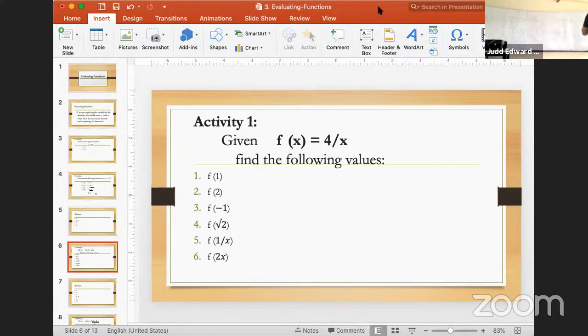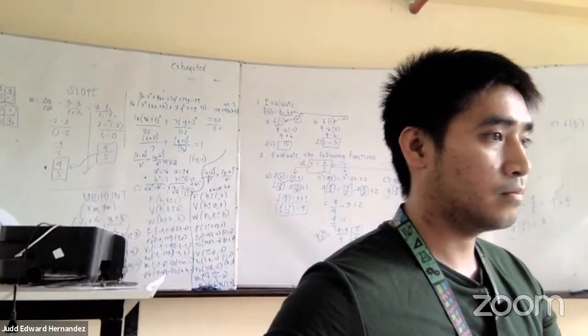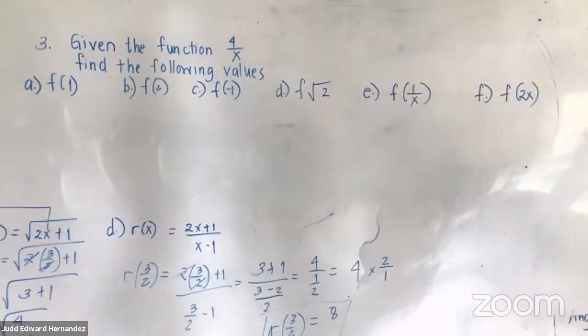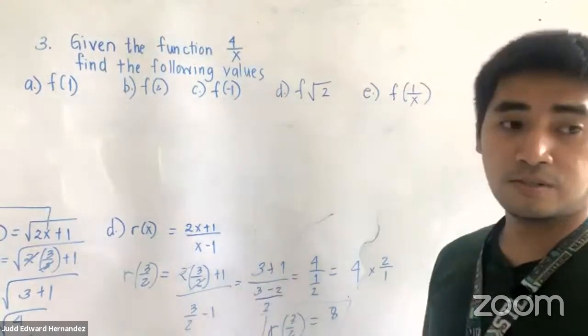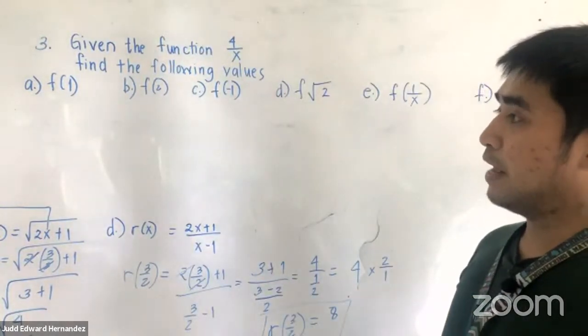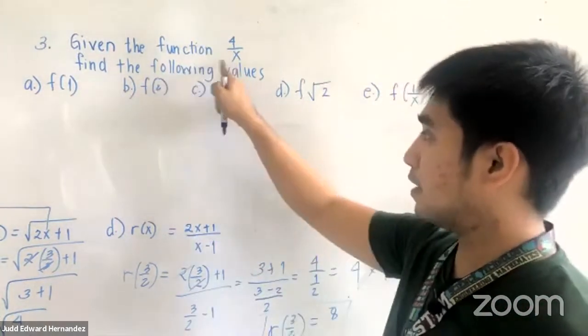Okay, so we're given the function 4 over x. We're asked to find the following values. When we're given f of 1, all we have to do is to replace the value of x by 1.